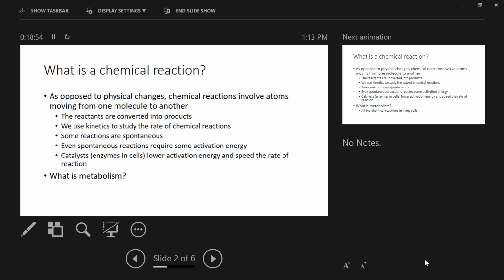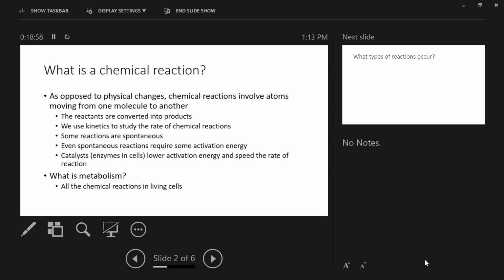Any other ideas? Okay, so I'll define it this way. It is all the chemical reactions in living cells. If you were to add up all the chemical reactions in a living cell, that is what metabolism is.